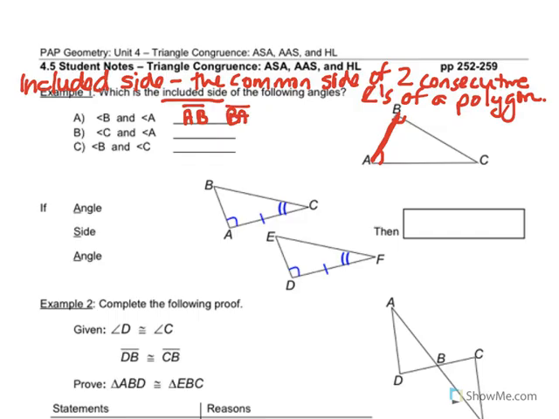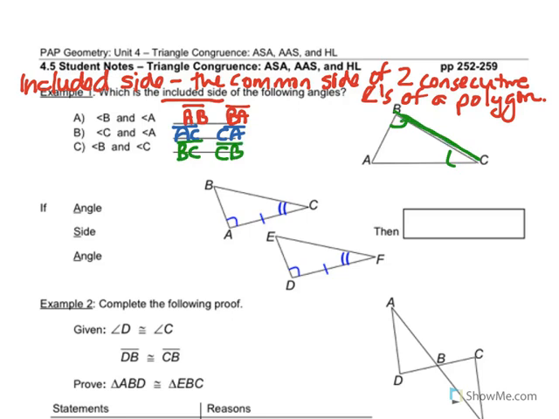And then let's look when we have angle C and angle A. The included side would be this side right here, and so that would be line segment AC, or we could write it CA. And then finally, if we have angle B and angle C, our included side is going to be BC or CB.